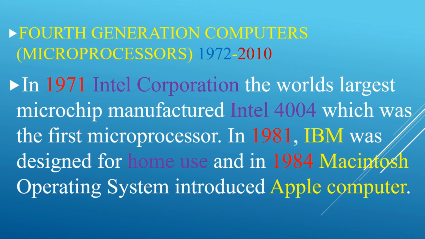And in 1981, IBM designed a computer for home use, unlike the previous generations. And in 1984, the Macintosh operating system also introduced the Apple computer. So we realize that during the fourth generation, there was also an advancement in technology.